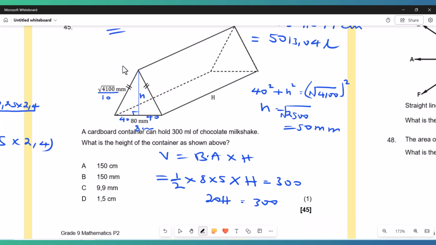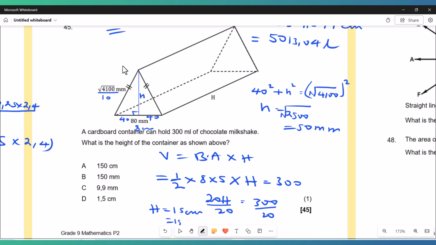So I get my h as 15 centimeters. Now, to millimeters, multiply by 10, which makes it 150 millimeters. So the answer becomes B. That is 45. That was section A.